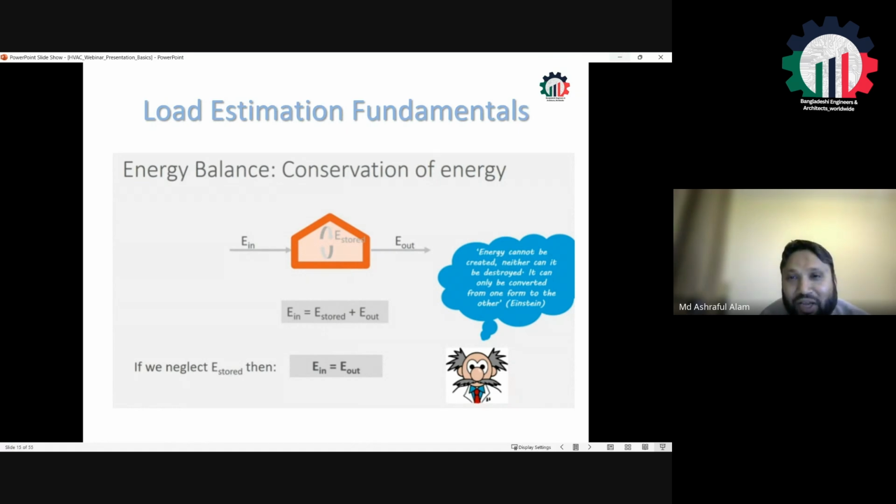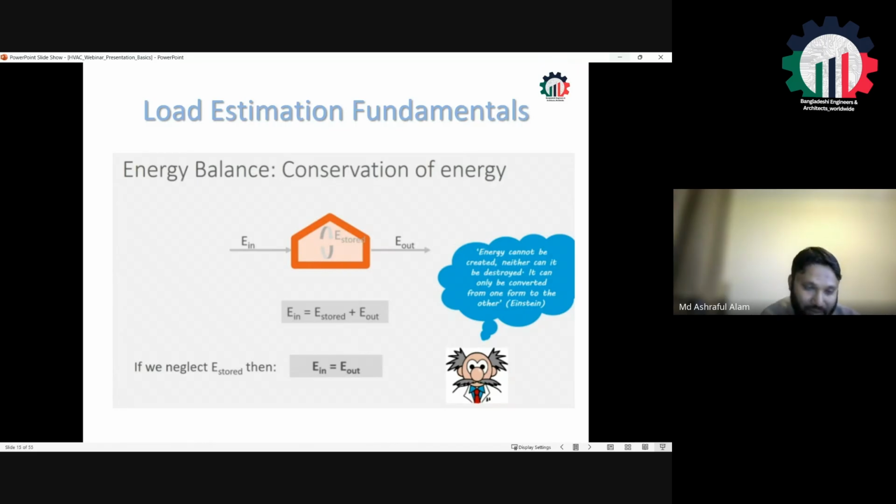So what happens in a building? If a building is hot, that means we need to make it cold so that it will be comfortable. And if a building is cold, we need to heat it so it comes to a comfortable temperature.